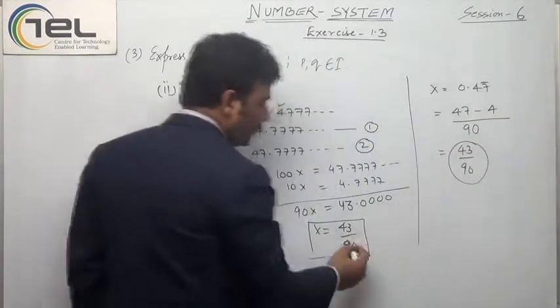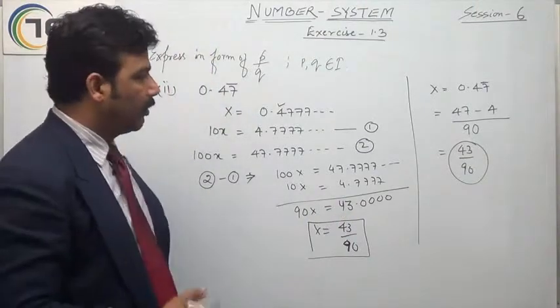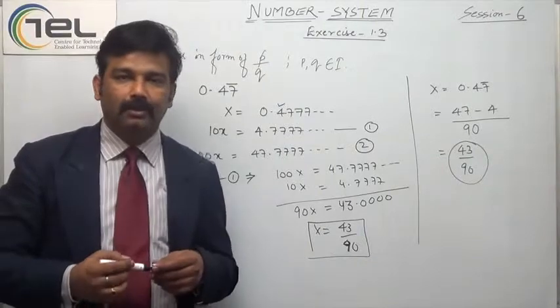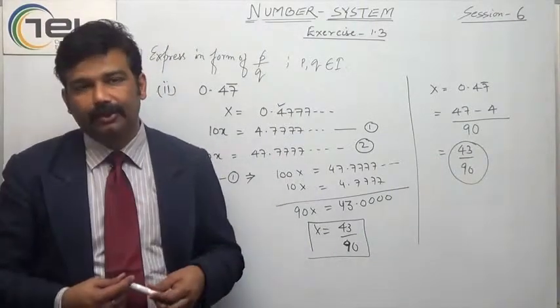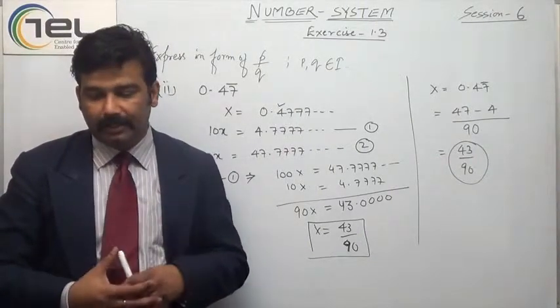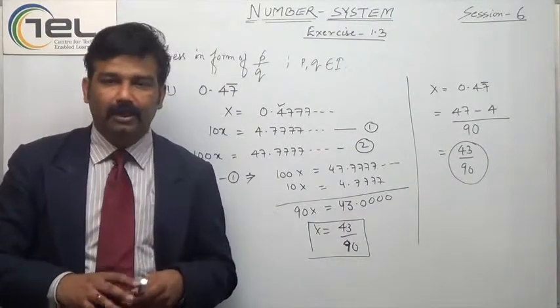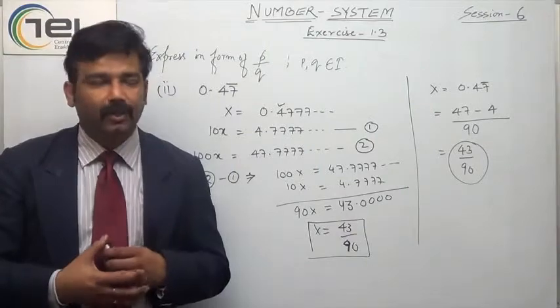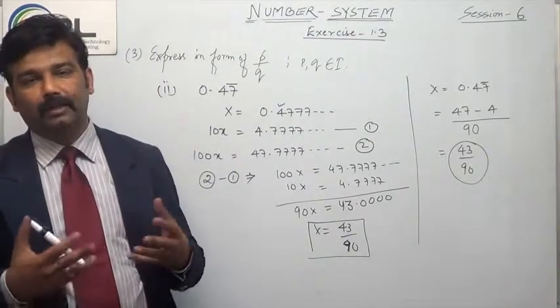So I get the same answer. With the shortcut I can do it, and with the theoretical part also, in a more elaborate way. The third part I will leave for you. Do it yourself, it's for practice. 0.001 bar.